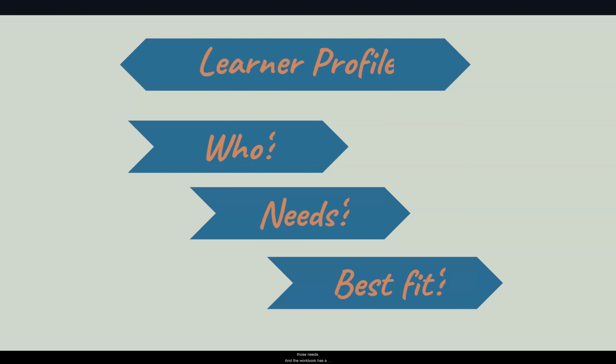The workbook has a graphic organizer to help you flesh out what those learner needs look like and how to make decisions about your video content based on your learner, the content, because that matters too, and then best practices. The workbook has a list of best practices. In the next video, we're going to go over some must-haves when you're choosing a technology to do any one of these types of videos.